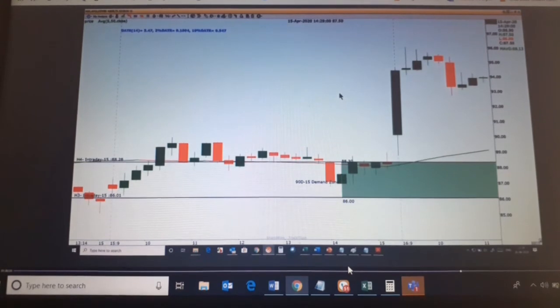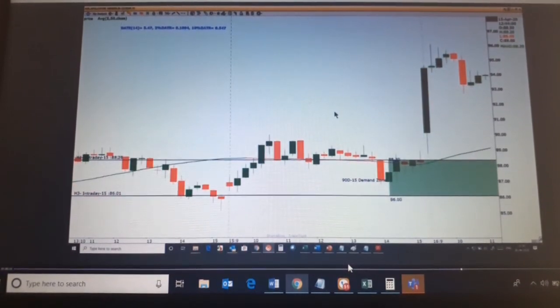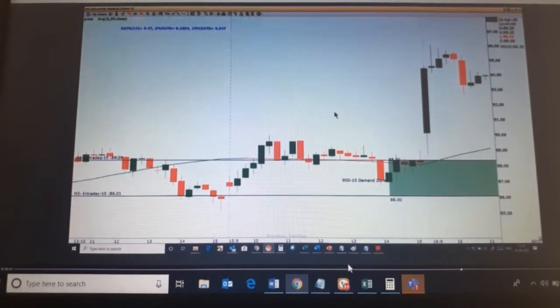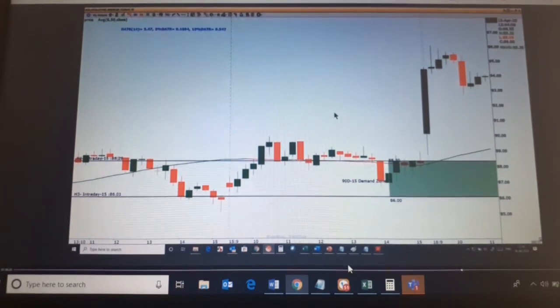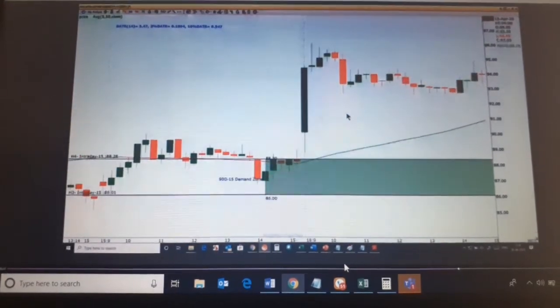Now what is the thing that I need to look for after drawing my zones? Freshness. Very good. And freshness has to be seen on the right hand side. So I go to the right and see.